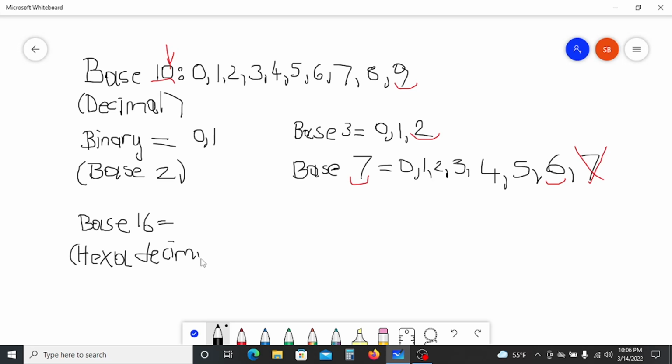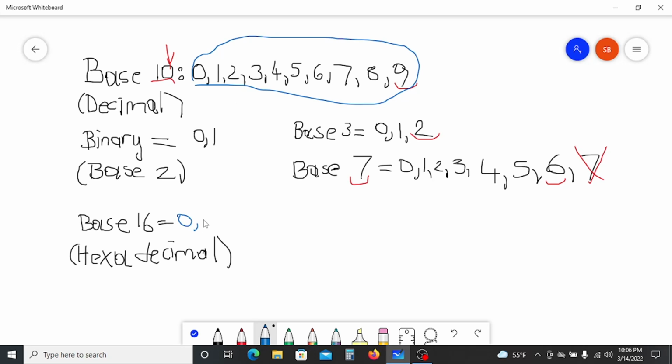Hexa means 16, decimal means base 10, am I right? In hexadecimal, like we have seen in base 10, we have 0 through 9, the same numbers: 0, 1, 2, 3, keep going until 9.